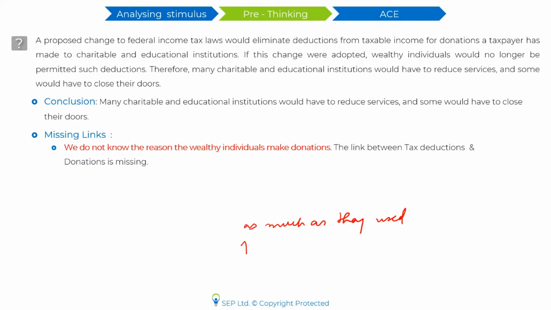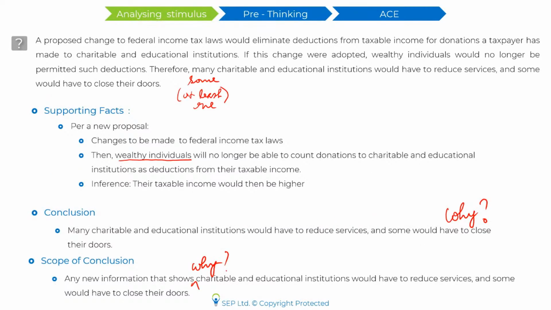So, if I take you back to the previous paragraph, let me take you back here. Remember, I asked this question: why are they going to reduce services? Because deductions will stop. So, what is the gap between deductions will stop and services will stop?